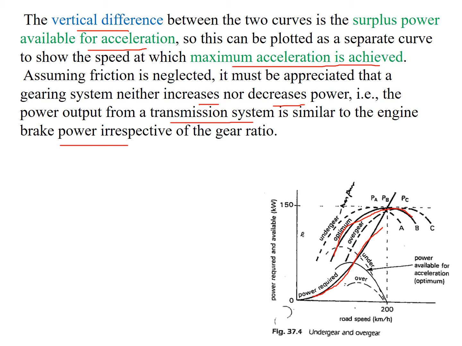If you plot a graph of this difference, you can have this graph, which we call power available for acceleration. This one is optimal.